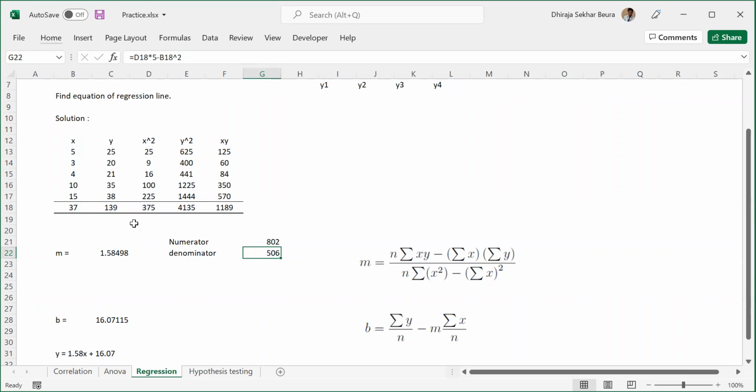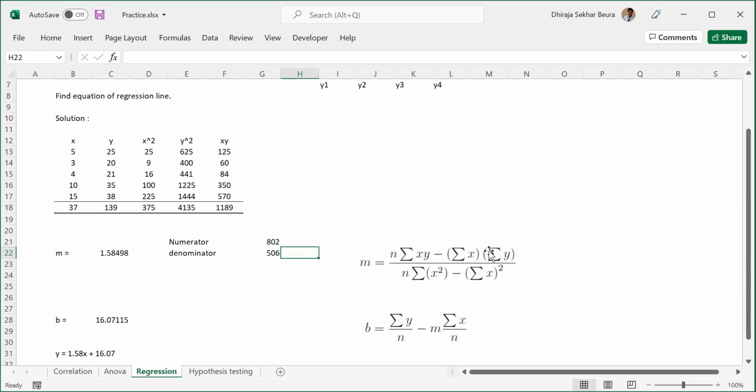Once we do that, that comes as 802 and 506, both the numbers. Now that we have numerator and denominator, if you simply divide this by this, it will come to 1.58, which is already calculated on the left side if you look at it.